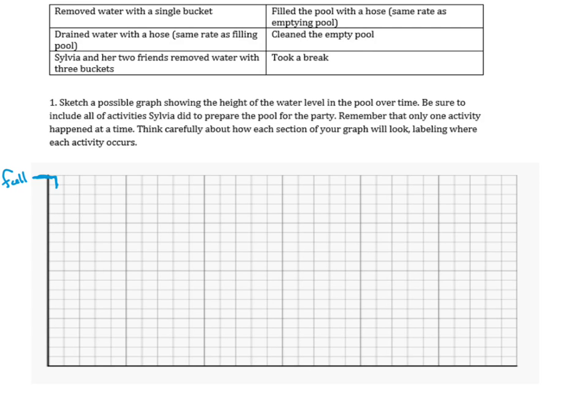But while you go dump out the water somewhere else, the amount of water in the pool is not going to change for a while. So it is going to go down a little bit, but for a while it's not going to be going down. And then you can go back and pull out another bucket and then go dump it.